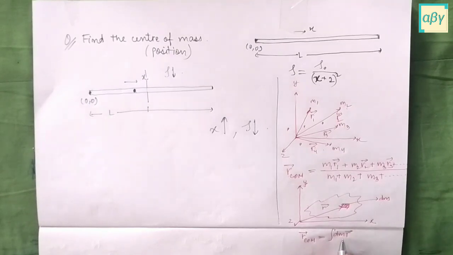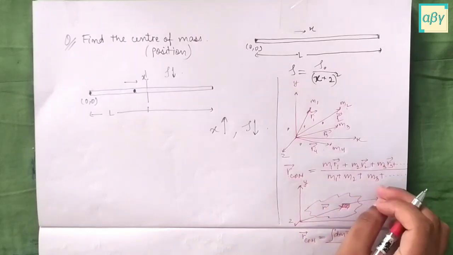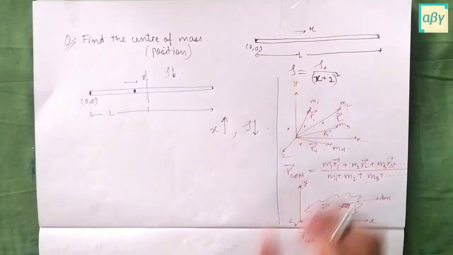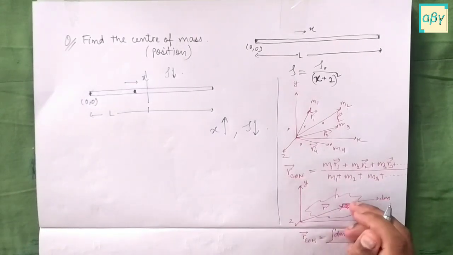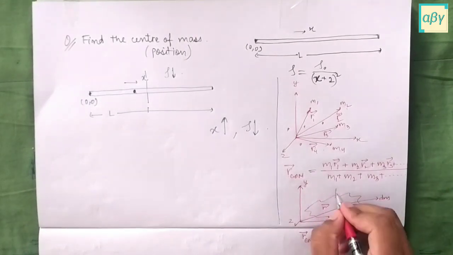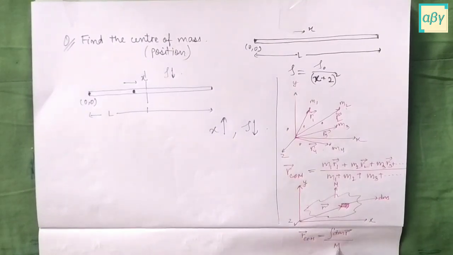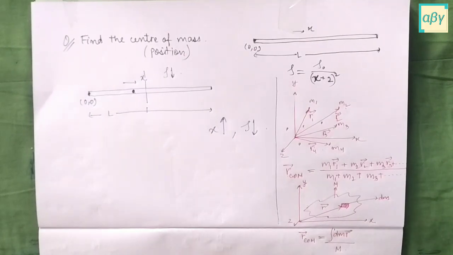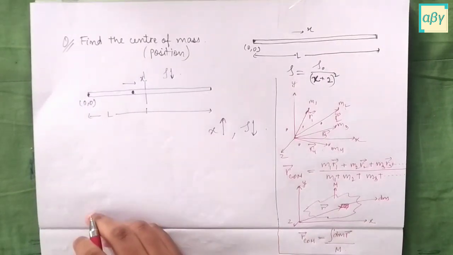So integration of dm r vector, divided by the total mass of the system, which for the point mass system was m1 + m2 + m3 + .... In this case, the total mass will be the mass of this continuous object, let it be capital M. So your r_COM vector will be equal to the integration of dm r vector divided by capital M, the total mass of the system. So these are the basics which we required before we try to solve this problem.